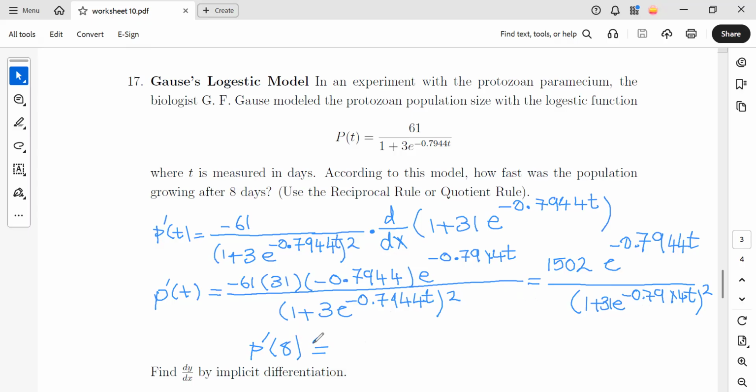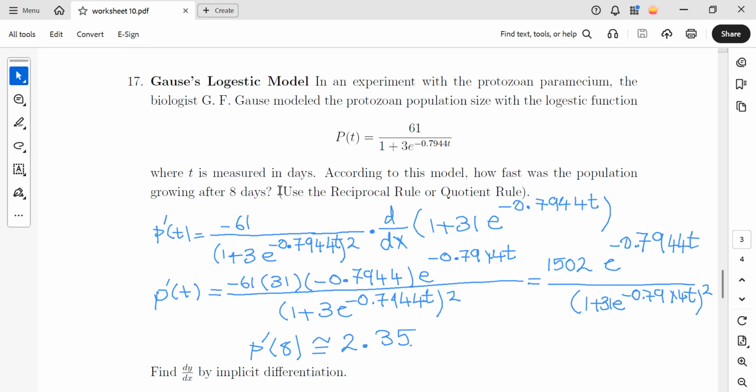So if you do this and use a calculator, you would end up with 2.35. That is the speed because the derivative of the logistic function is the speed of that, and after 8 days would be this much.